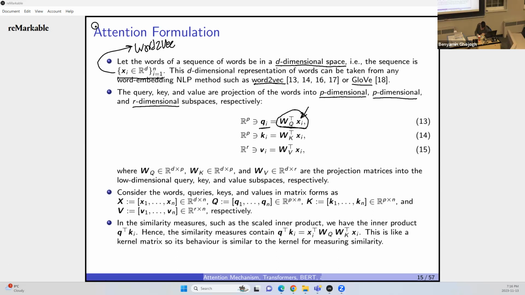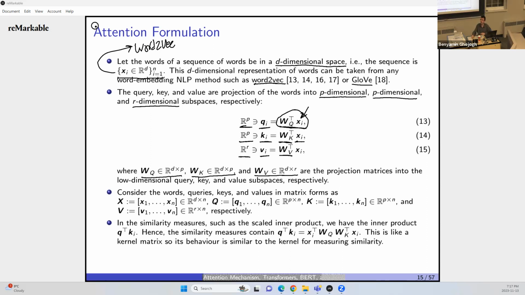WQ, as you see, these are different Ws, different weights. So using linear projection onto the different weights, I can find query, key, and value. WQ, assume it's D by P, so it projects onto the p-dimensional space, so it becomes a p-dimensional query. WK is D by P, it projects onto another p-dimensional space, therefore K becomes p-dimensional. WV is D by R, so it projects onto an r-dimensional subspace, so value is r-dimensional.